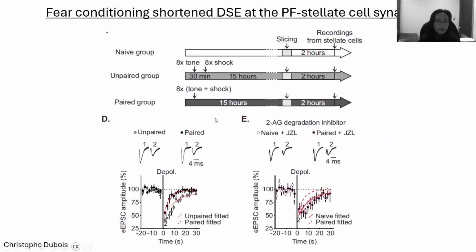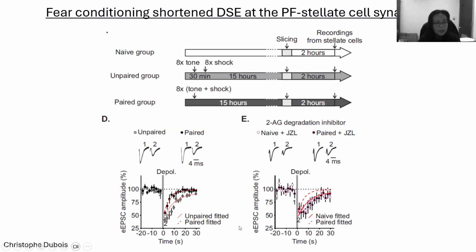So now we go back to the experiment. Here we only show the unpaired group and the fear conditioning group. As you can see, the gray open dots are the measurement of DSE from the unpaired animals, which shows, just like naive animals, about a 50% depression. At about 30 seconds, it has completely recovered.